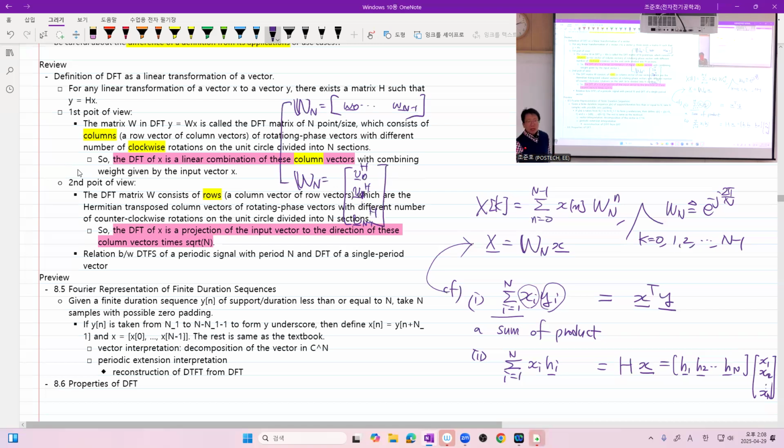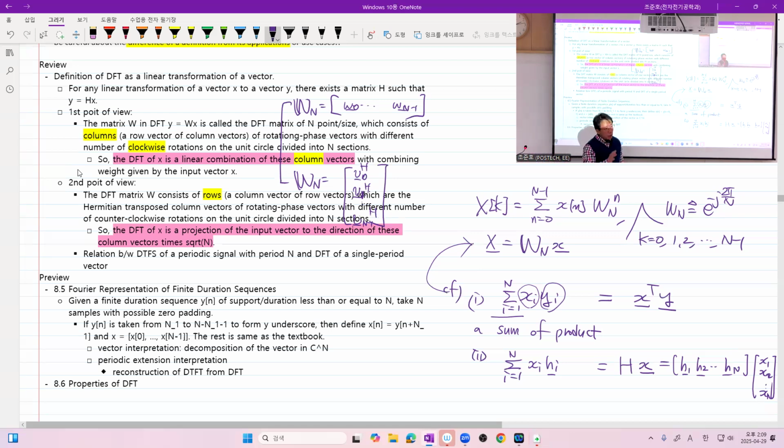So depending on how you view a matrix, sometimes you have the interpretation of the output, capital X, as a linear combination of the columns of the matrix W_N, or, in this case, as an inner product of each row and the input appearing in the output of the DFT.